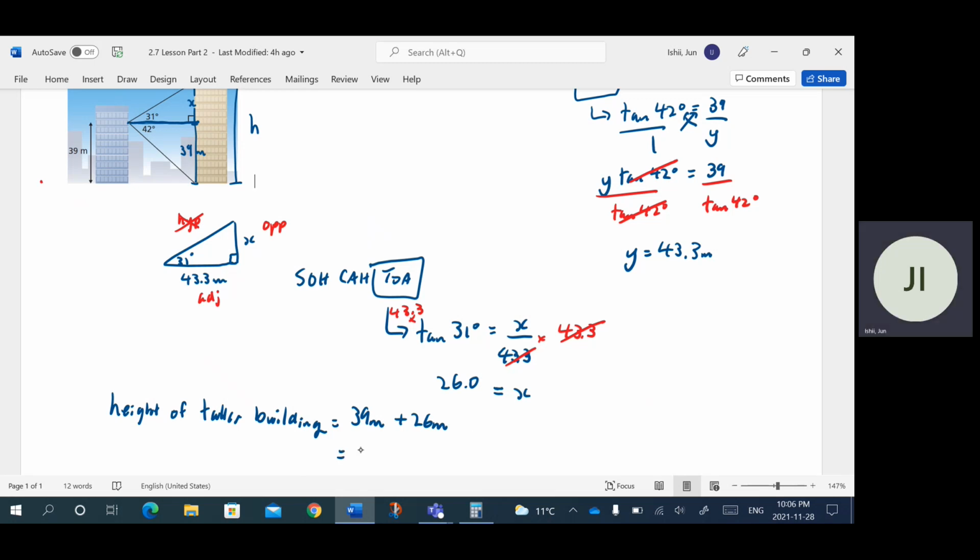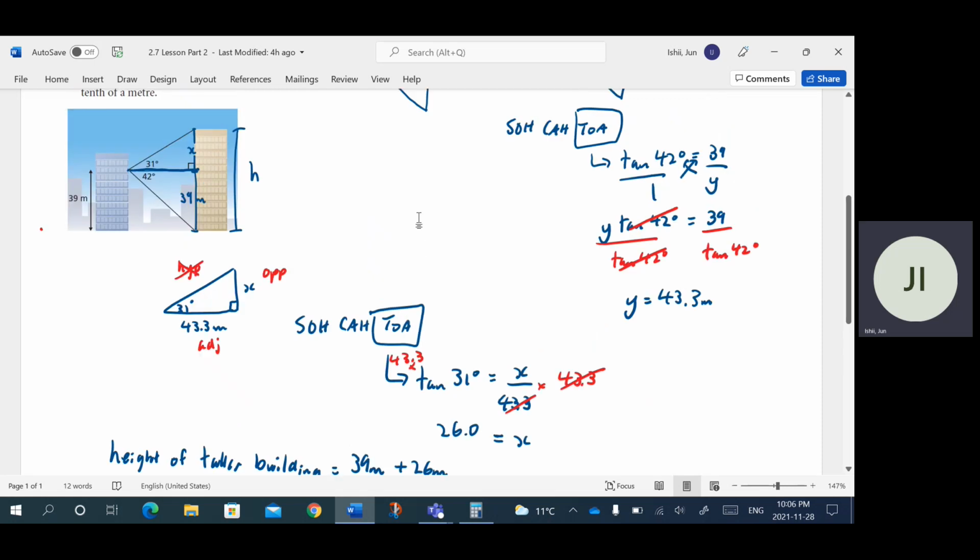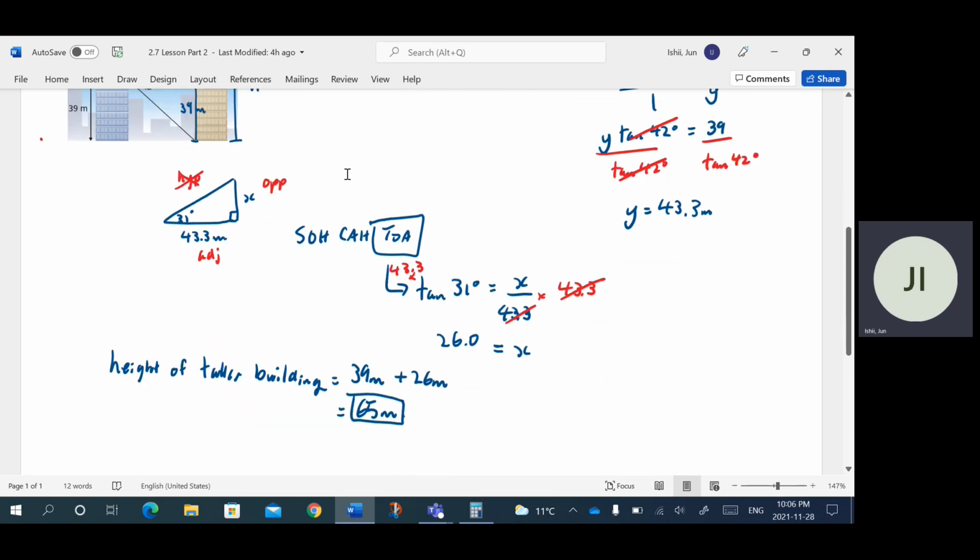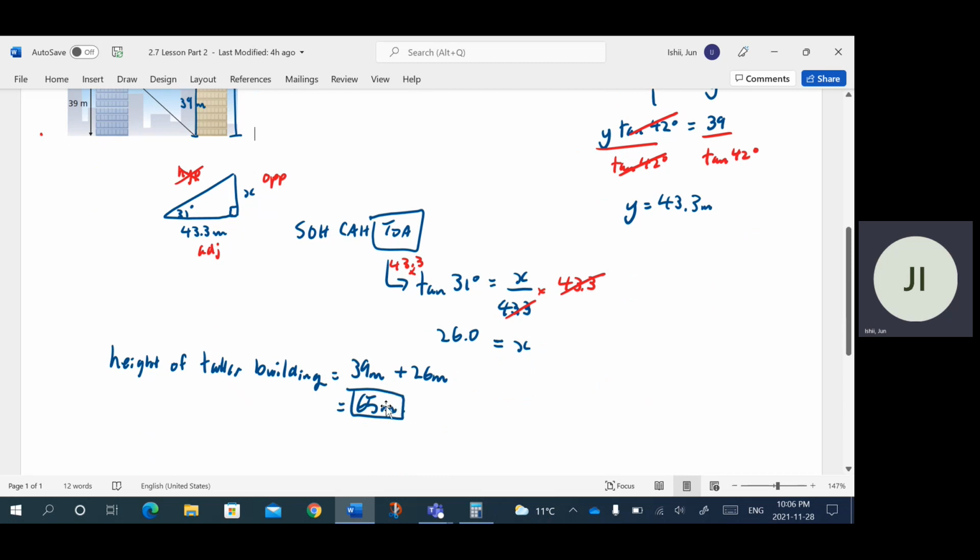So that is 65 meters total. Don't forget to answer the actual question. Again, the question was, what's the height of this taller building? We had to do some calculations to figure out what x is, and once we got x, we had to add it to 39 meters to get the total height of the building, which is 65 meters.